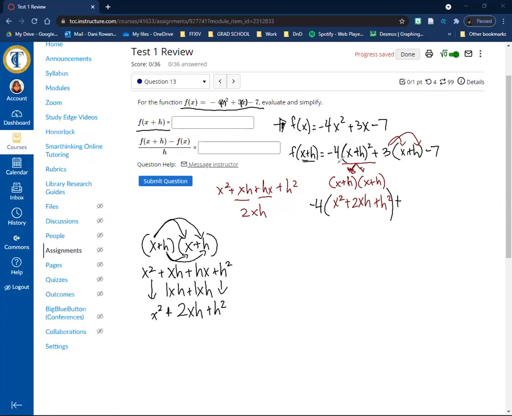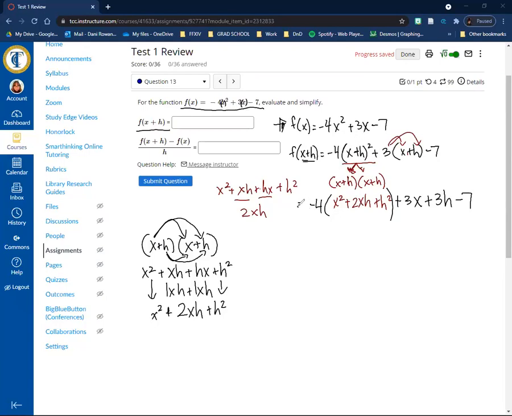If there's a number like this -4 up front, whatever is squared has to be taken care of first because it's an exponent. Then you can multiply that -4. So in this case, 3 times x is 3x. 3 times h is 3h. And the negative sign comes down.